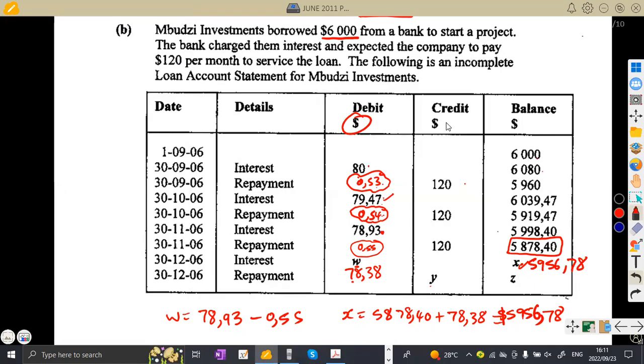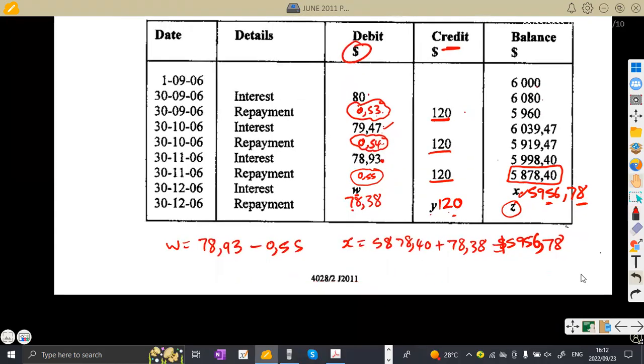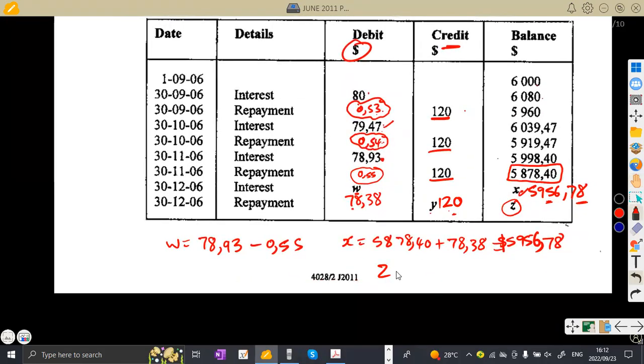Then Y is a credit. As you can see, you're crediting 120, 120, 120. So your Y is 120. Okay. If you credit 120, you subtract whatever that you credit. So to find Z is going to be this amount minus 120. So our Z is going to be this amount of 5956,78 minus 120.